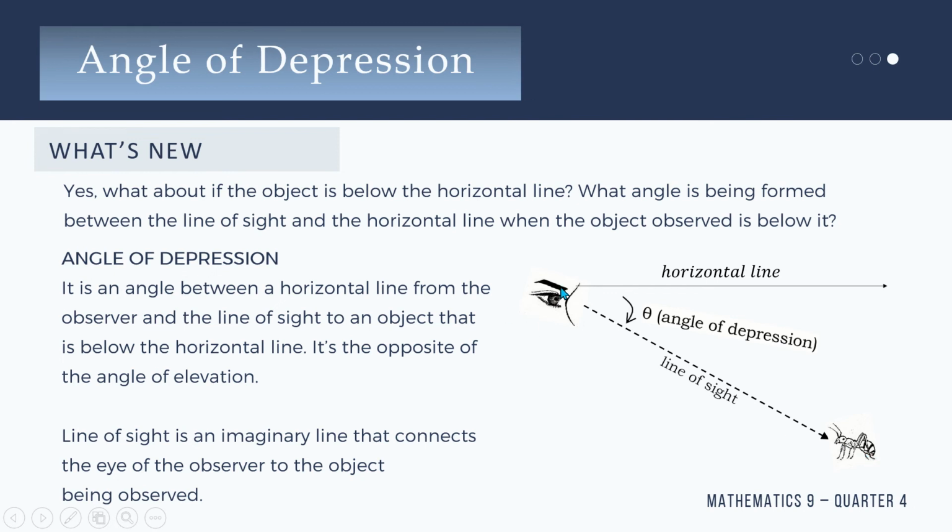So the horizontal line is level, and the line of sight is an imaginary line that connects the eye of the observer to the object being observed. The line of sight is diagonal in nature, of course, since they are looking downward. So, the angle of depression created is the angle between the horizontal line and the line of sight going downwards.